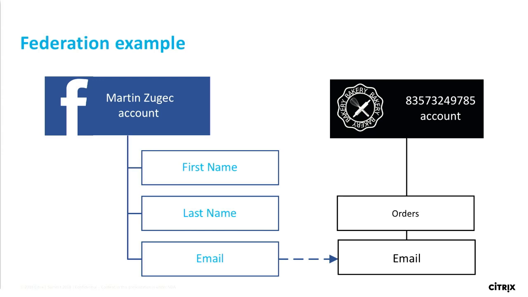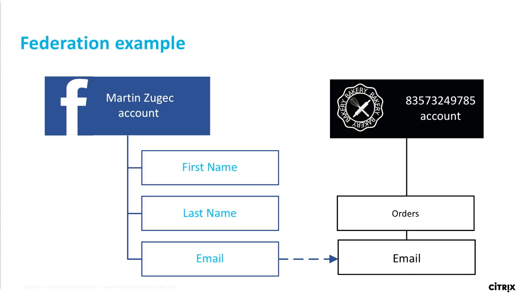The way this would be implemented is that this web application would ask for the first name, last name, email. As soon as I authenticate through Facebook, they are going to find a matching account, which is just some random UID, and they will match it based on email attributes. And then they are going to have in this account also information about the orders that I'm using.